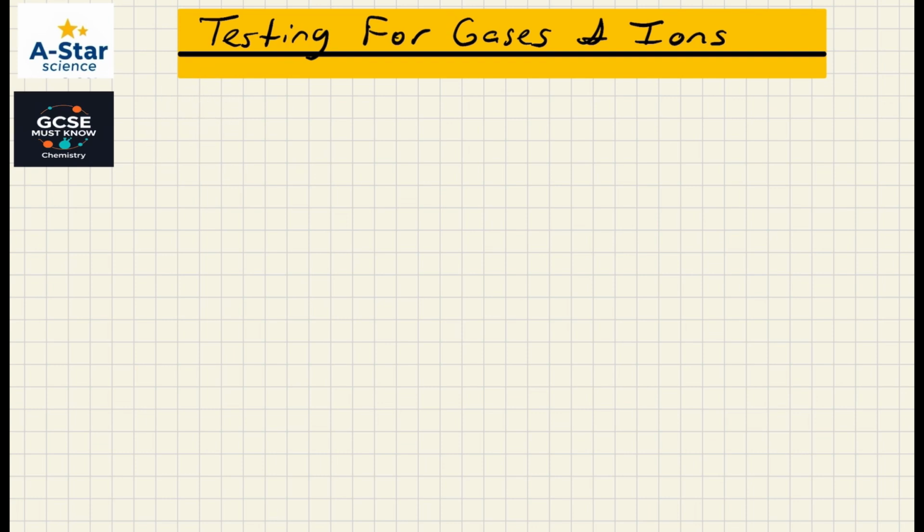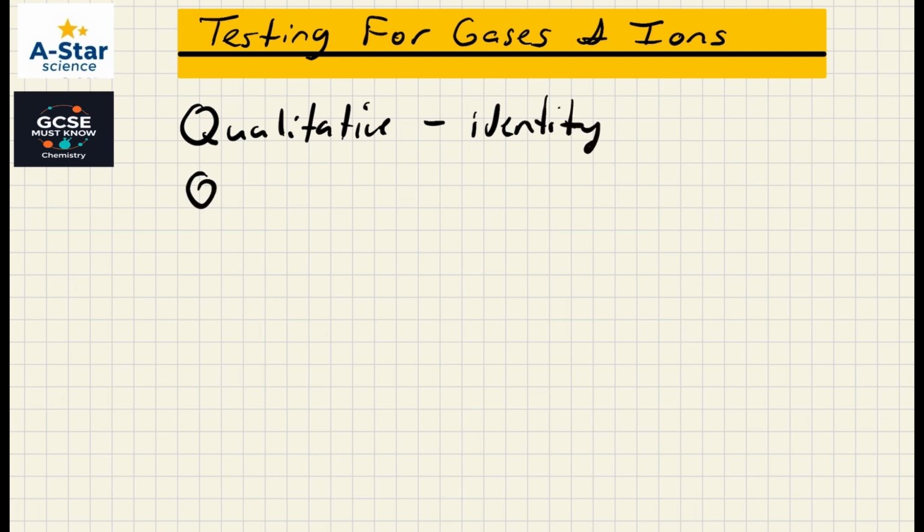Testing for gases and ions forms part of qualitative chemistry. Qualitative means testing for the identity of a substance, whereas quantitative chemistry is about the amount of a substance.